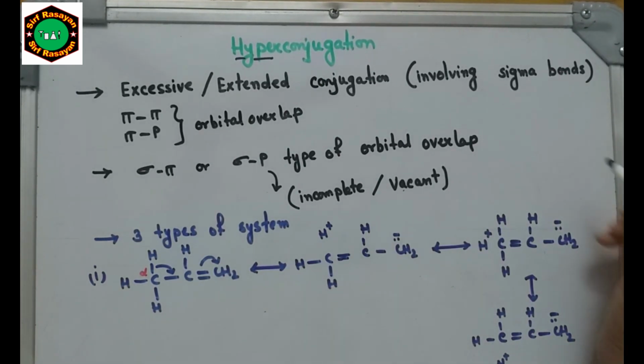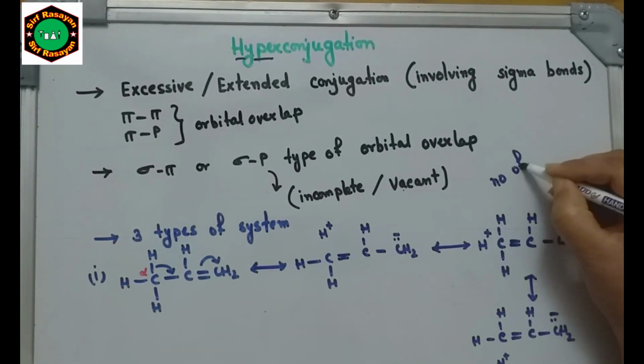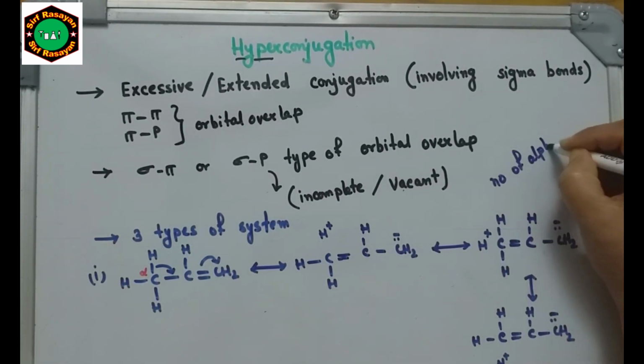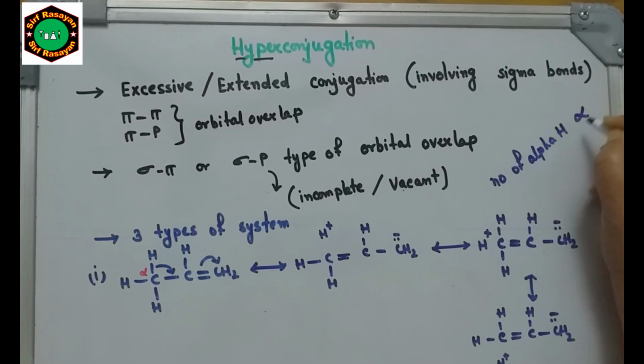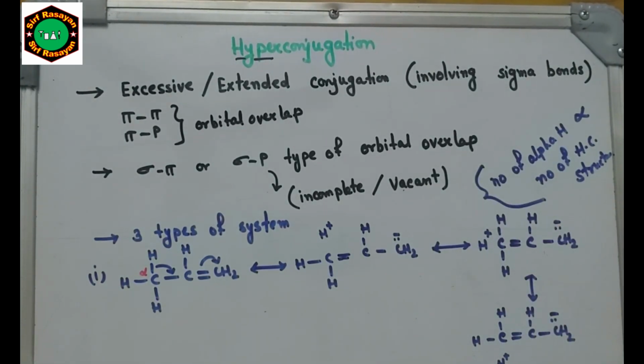So we can write: number of alpha hydrogens is proportional to number of hyperconjugative structures. Remember this, this is very important.